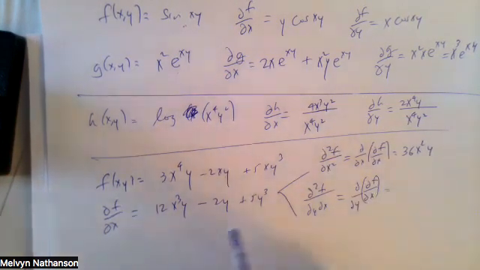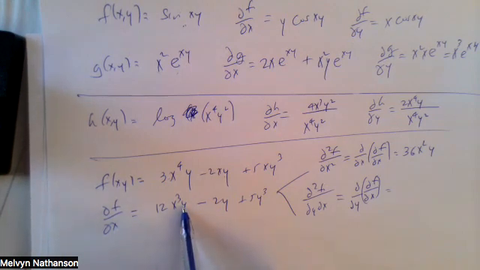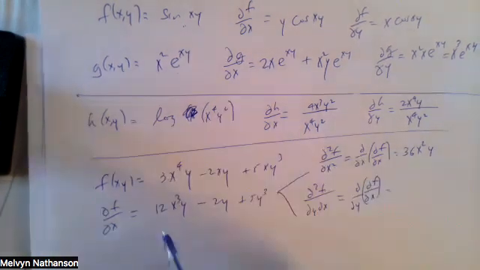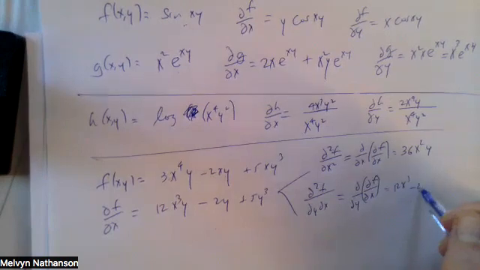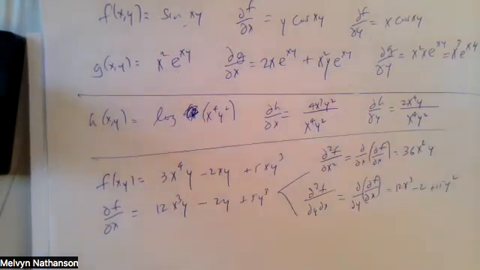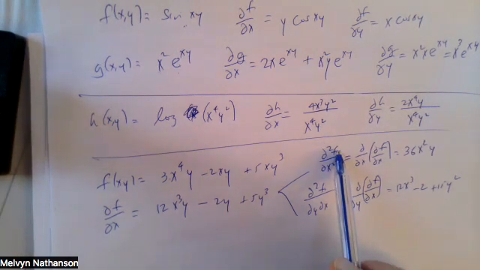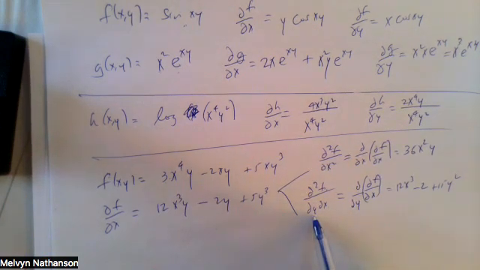What is this? If I differentiate this with respect to y, where this is the derivative with respect to x, I get 12x cubed minus 2 plus 15y squared. Right? So this is the second partial of f with respect to x. This is the second partial of f, first with respect to x and then with respect to y.